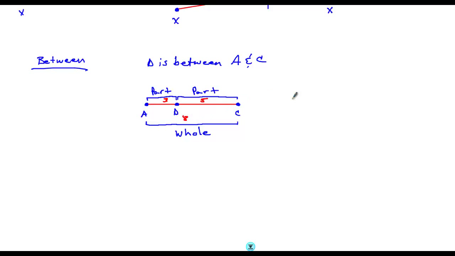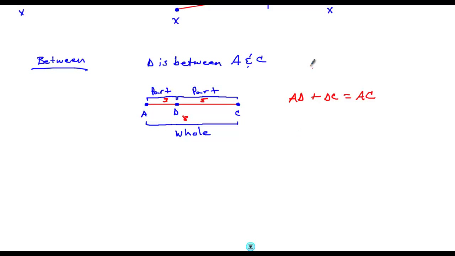But we're going to write that down in math language instead of just saying part, part, whole. You would say that the distance from A to D plus the distance from D to C equals the distance from A to C. So AD plus DC equals AC.